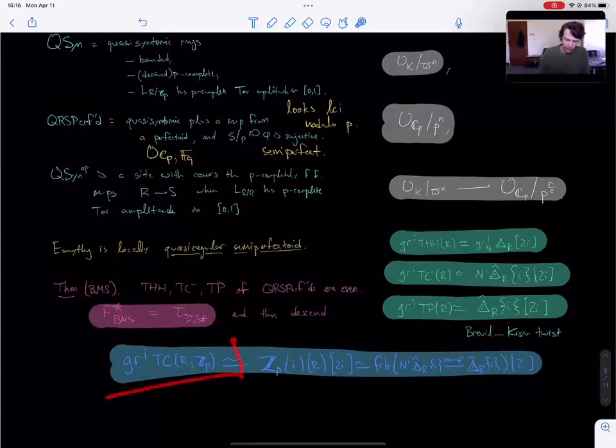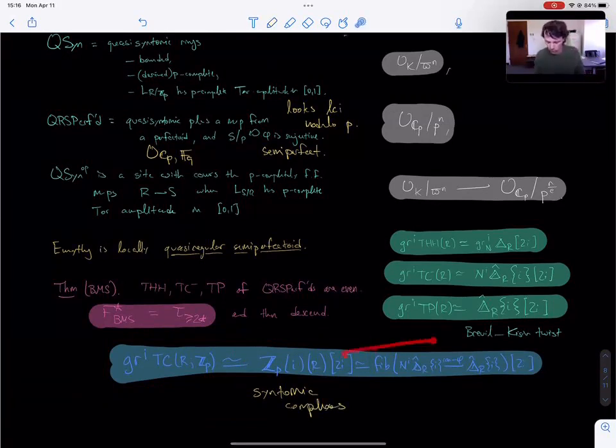And then on TC, it's not quite, it's even only locally on the quasi-syntomic site. And you get these complexes Z_p(i), these are the syntomic complexes. And they have some kind of definition. They're the fiber, it's a cyclotomic-y thing.